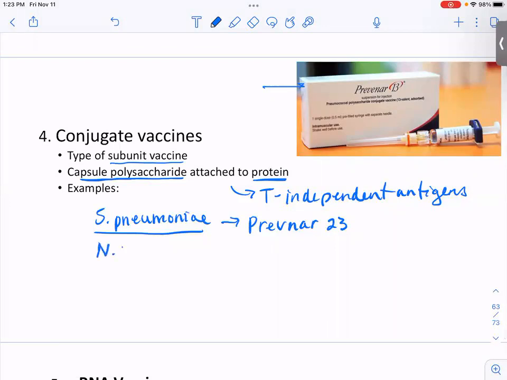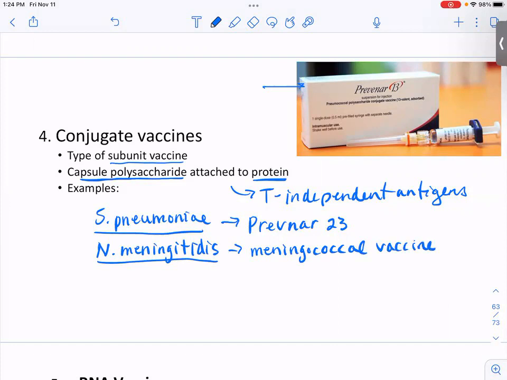Here's another organism that we'll be talking about soon, Neisseria meningitidis. Another tough one to spell, but that causes bacterial meningitis. Sometimes we call that the meningococcal vaccine.